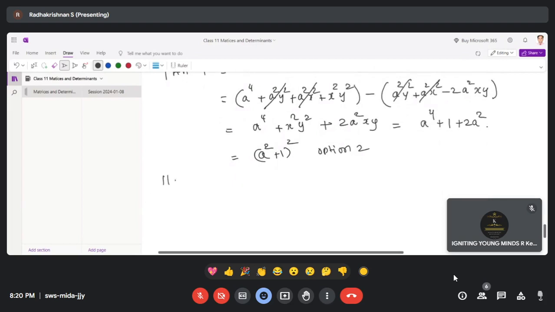Problem 11. The value of x for which the matrix A equal to [[e power x minus 2, e power 7 plus x], [e power 2 plus x, e power 2x plus 3]] is singular is.